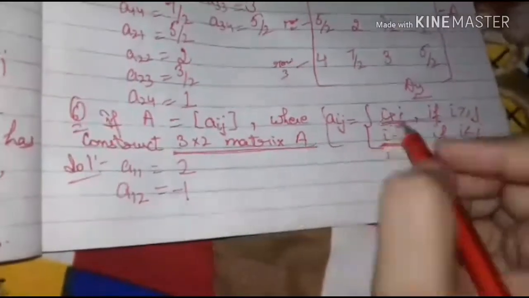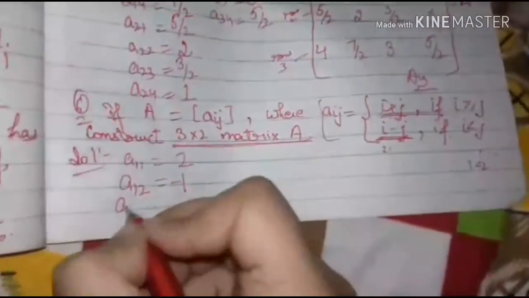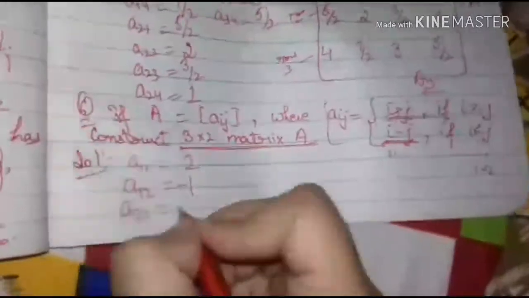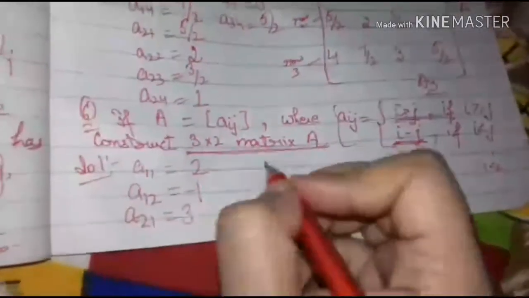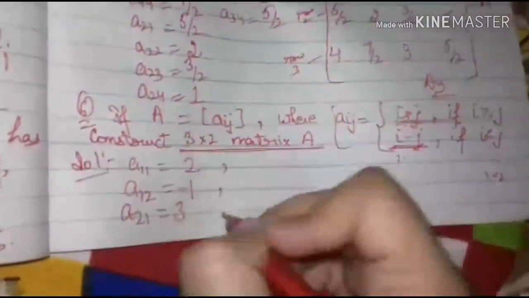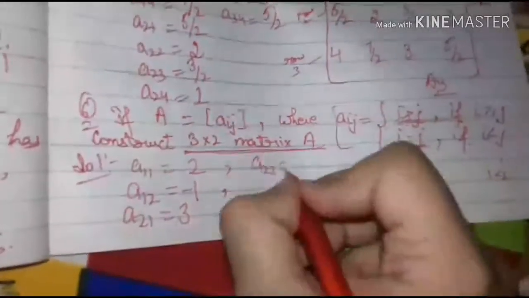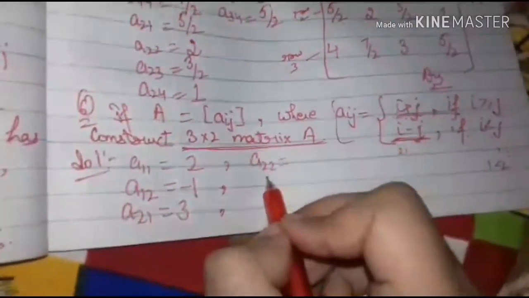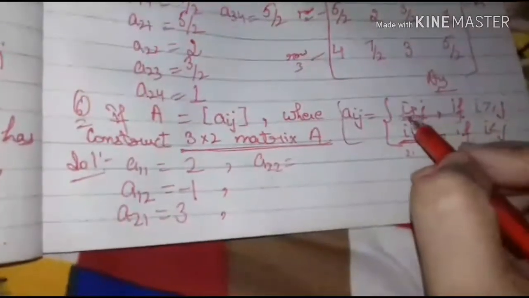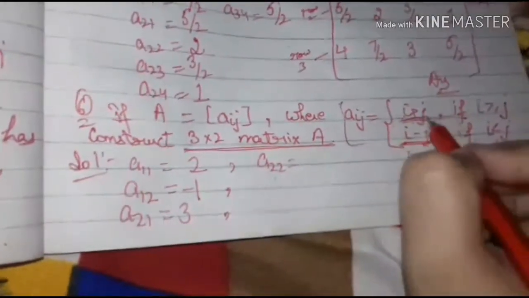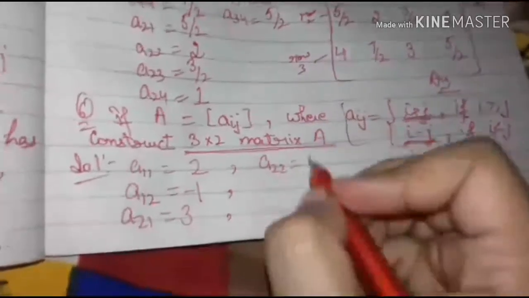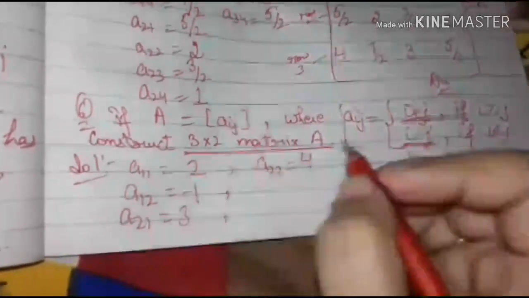So 2 plus 1 is equal to 3. So A21 is equal to 3. Next A22. Here i equals j, so we put the i and j values in this equation. 2 plus 2 is equal to 4.